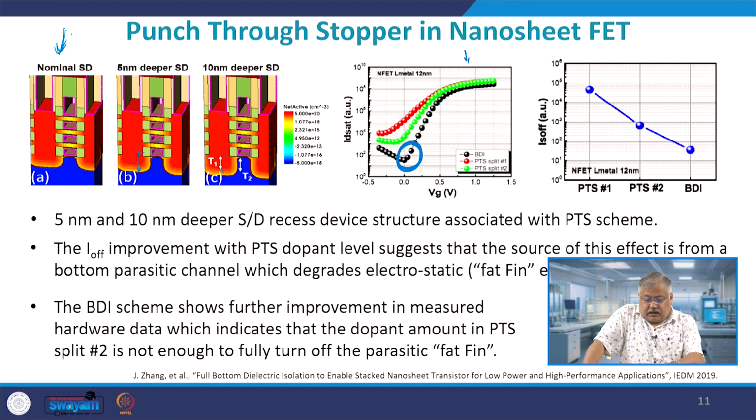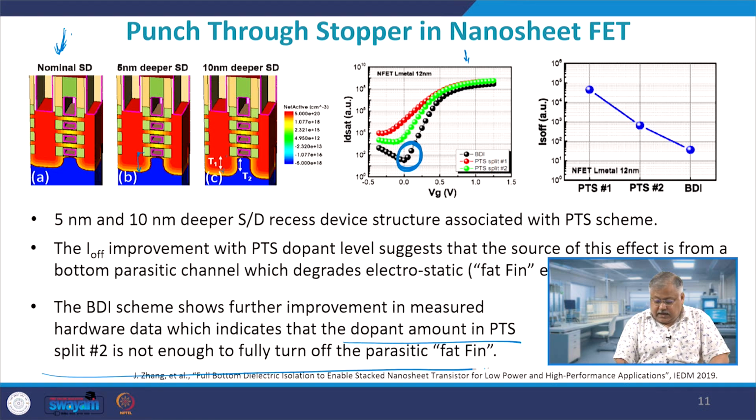In the other case, the optimization of T1 and T2, the width, will make the device work properly. Now, the flip side of the story is that the dopant amount in the PTS can actually turn off the parasitic fin, and that is the problem area which you will face.